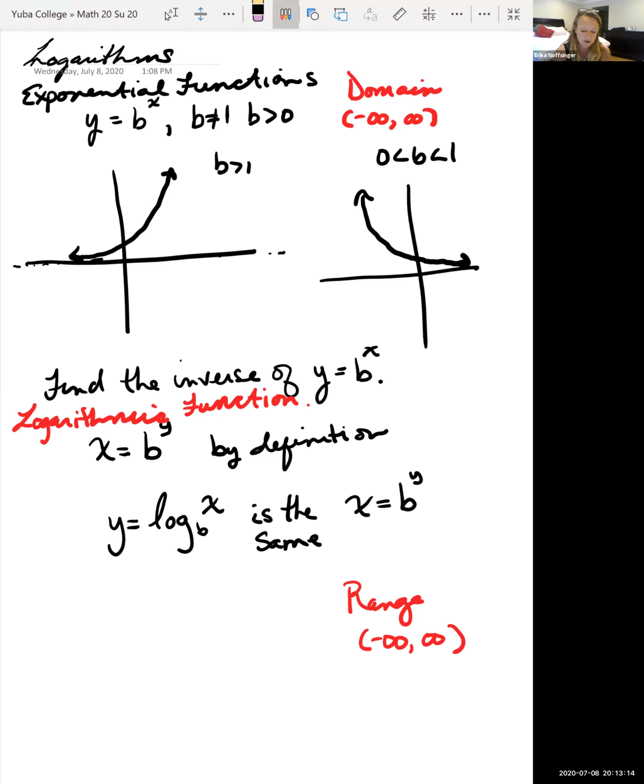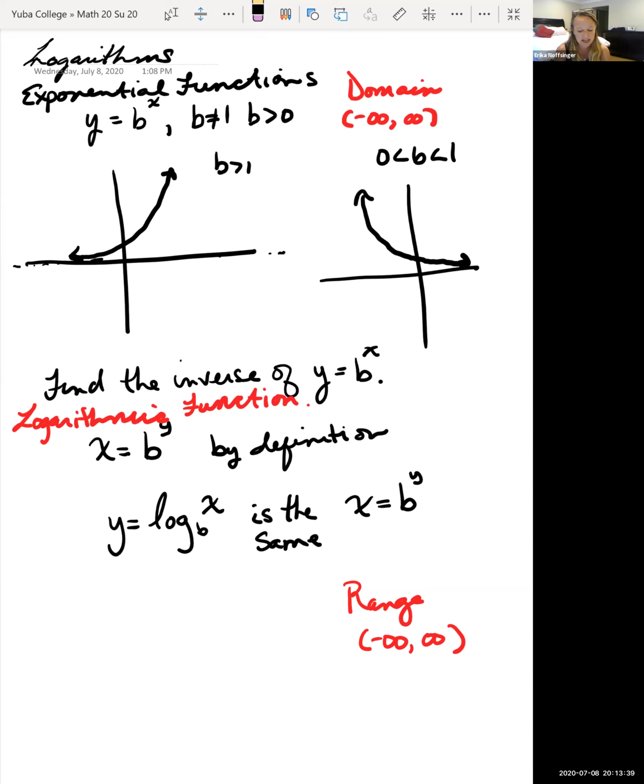If we looked at the domain of our exponential functions, there were no restrictions on x, our exponent. We can plug in any real number and get back a real number. But for our range, any number we plugged in for x, we always got back a positive number.